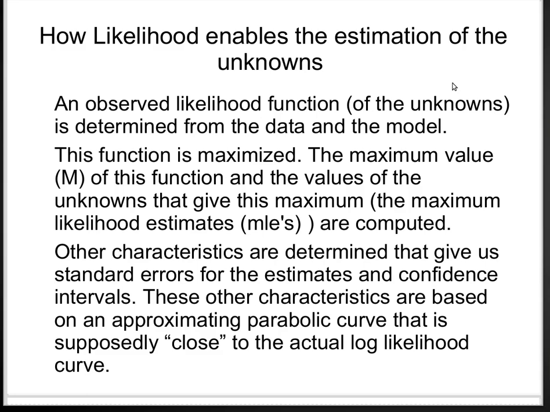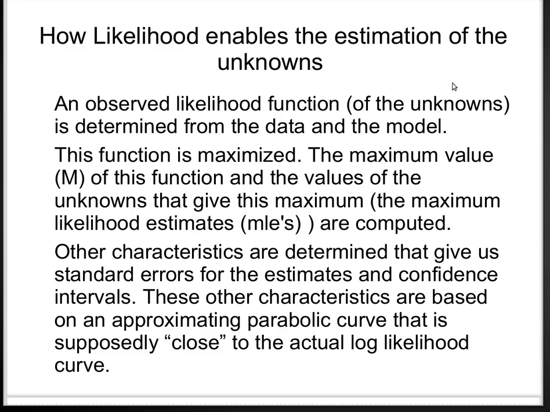Very widely seen. And it turns out that the likelihood function, the observed likelihood function, is used to compute other things. It is essentially the basis behind the determination of standard errors for the estimates and confidence intervals for the regression coefficients.